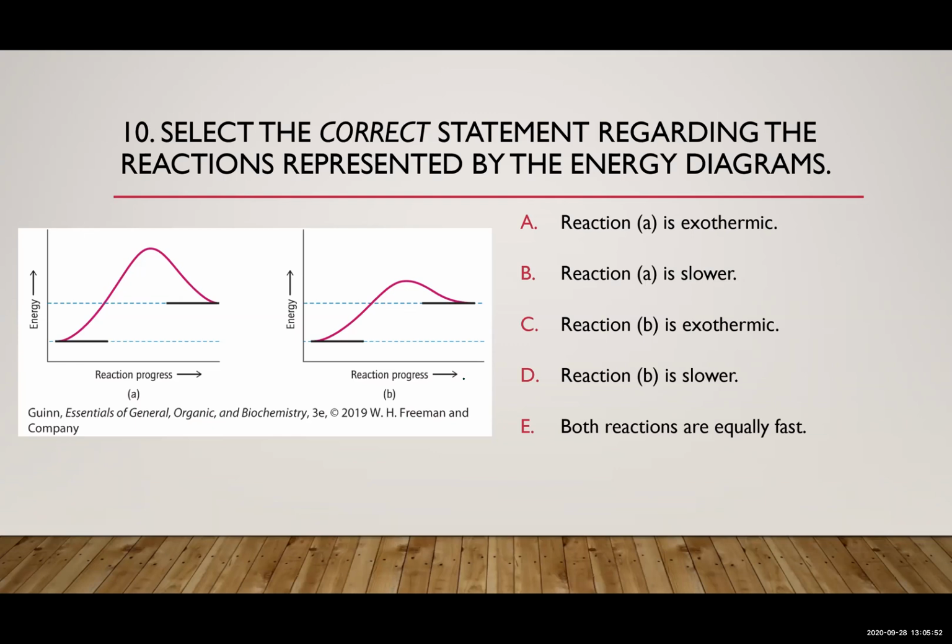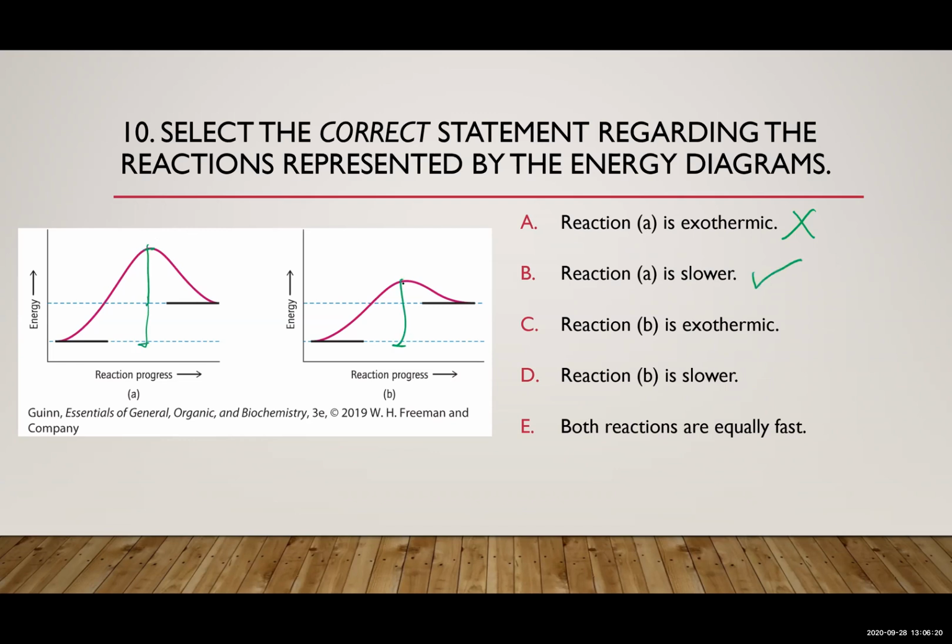Okay, so which one is the correct answer? A. Reaction A is exothermic. Is it true? No, that's not true. Reaction A is slower. Yes. That is true because it has a high barrier, right? So large barrier.